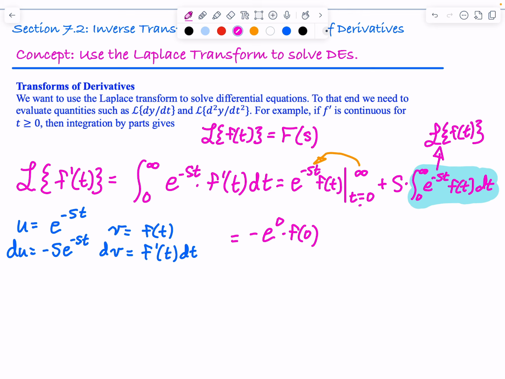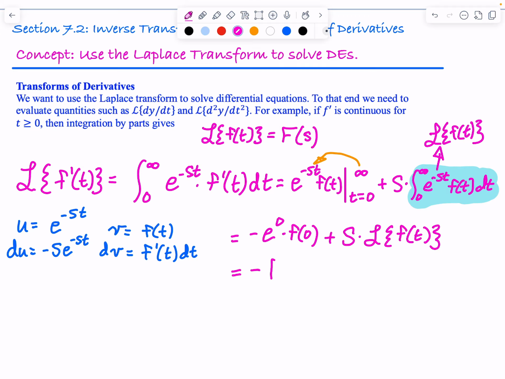We did a minus out front because it was the lower bound. And then plus s times the Laplace transform of f of t. Remember, that's what was in blue here. It's the same thing.